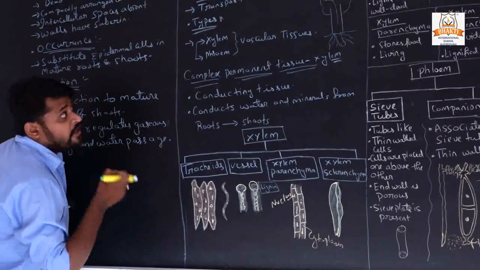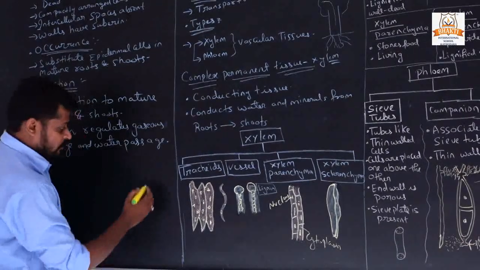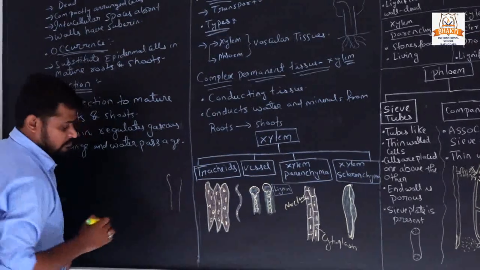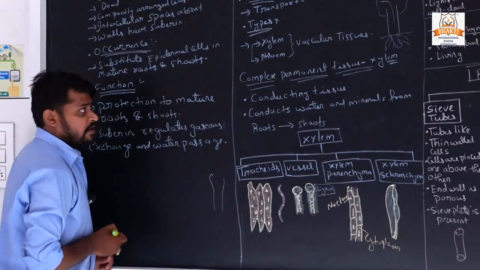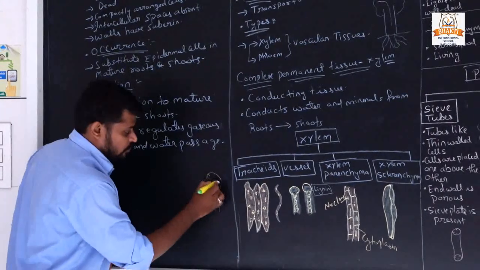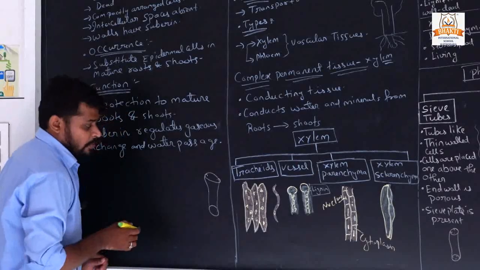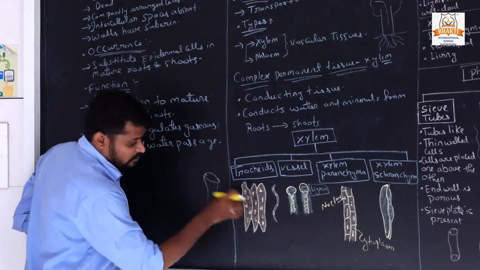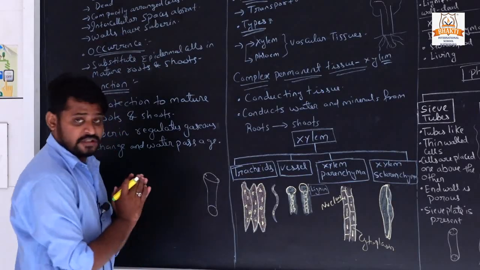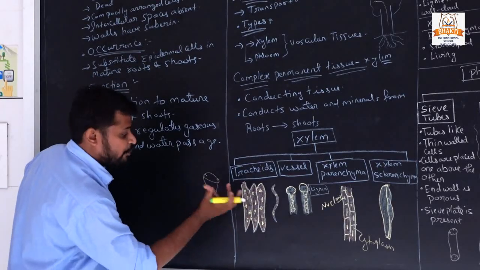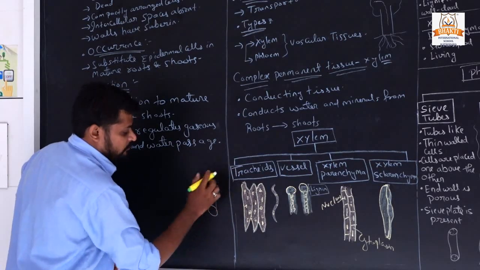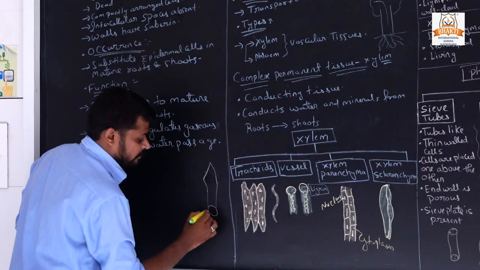The first point, it is tube-like, and elongated means it is a long structure. These are not uniform like this, but the middle portions are tube-like, while the ends are pointed.